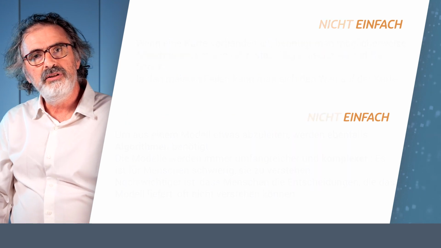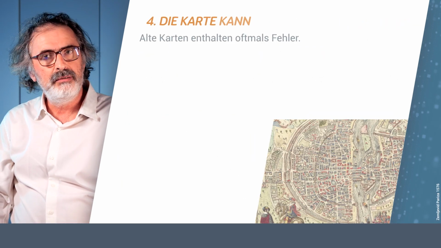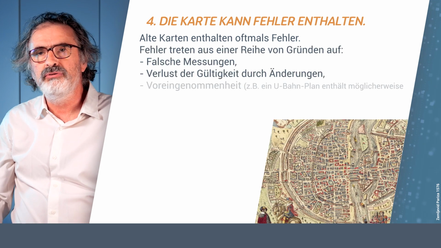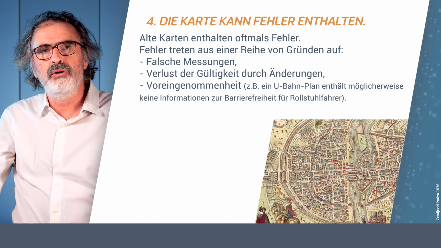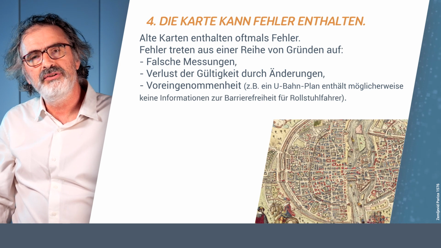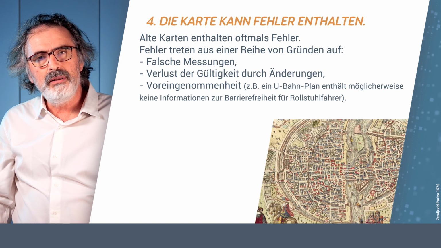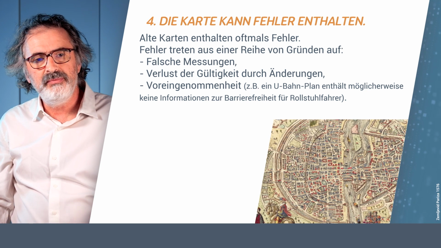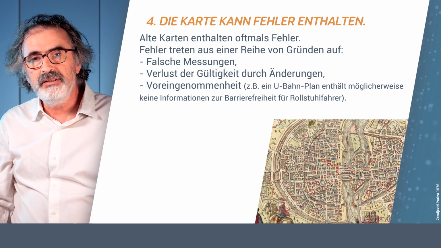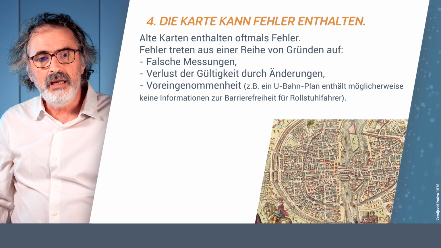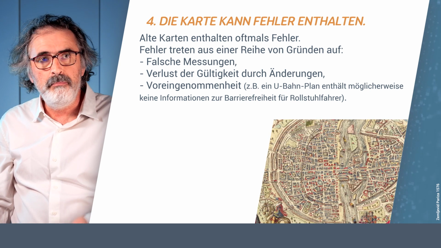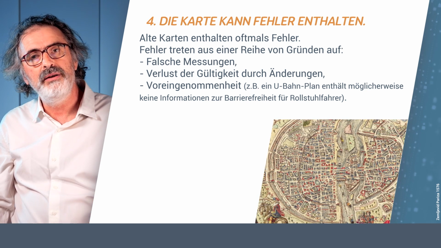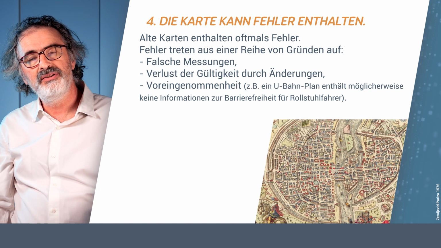An important point is that in a map, there can be mistakes. Sometimes we have been on a road and found that a crossroads that we were expecting wasn't there. This is due to many factors. Perhaps the measurements have been done wrong, perhaps there have been changes on the road, and perhaps you have some bias, meaning that the map has been intended for one usage and you need it for something else.